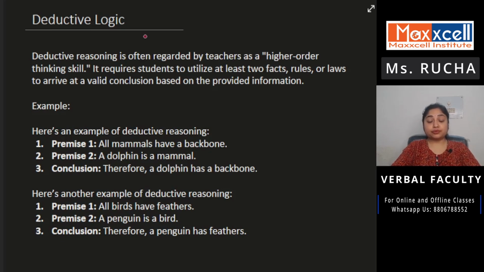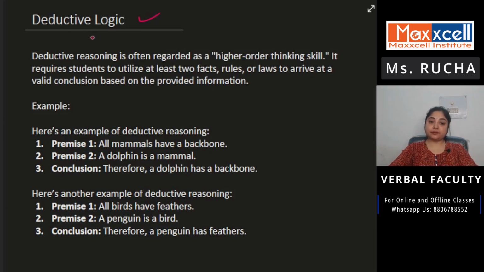So to help you improve your logic and reasoning, we are going to start with the very basic of verbal reasoning, which is deductive logic. So let us get started. So guys, deductive logic, as you can see, is made up of two words, deductive and logic. Deductive means to deduce.